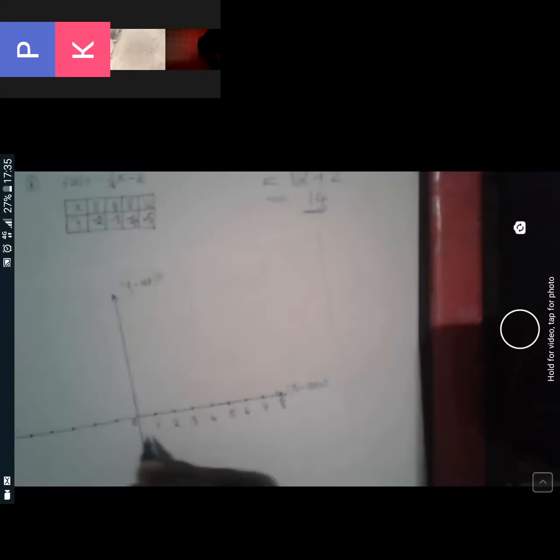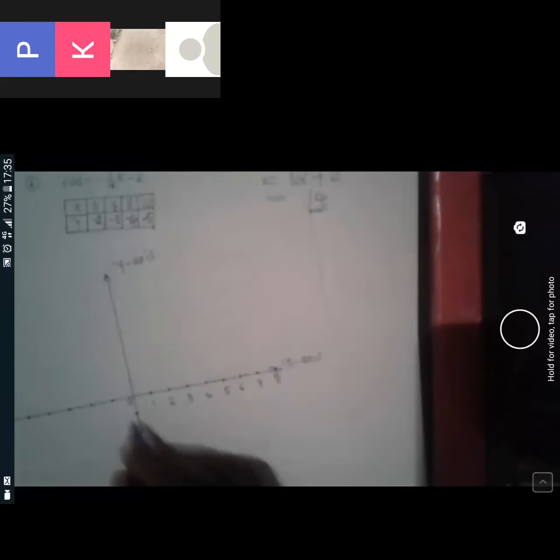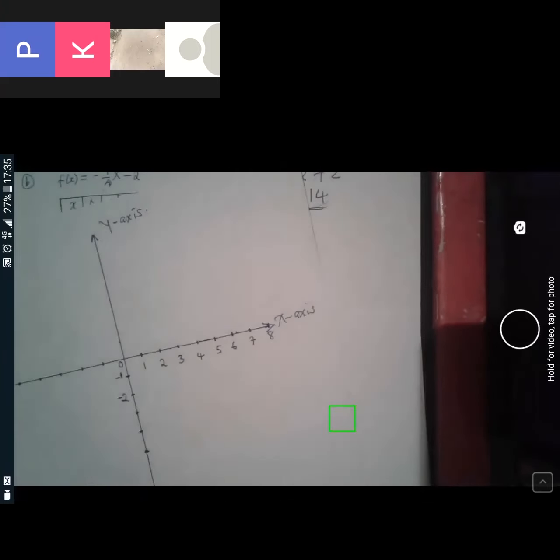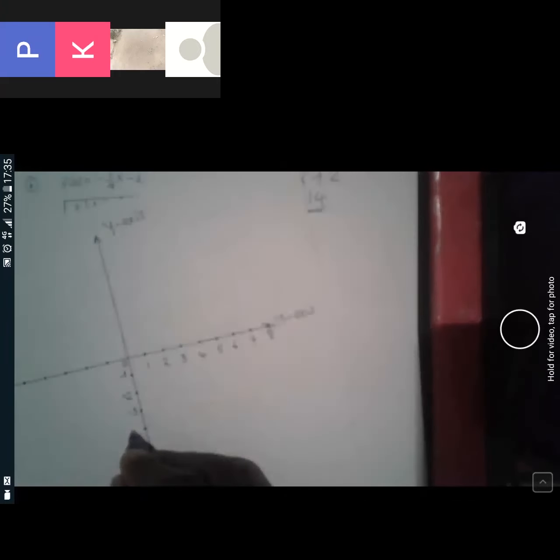So the range is -2 to -5: -1, -2, -3, -4, -5.